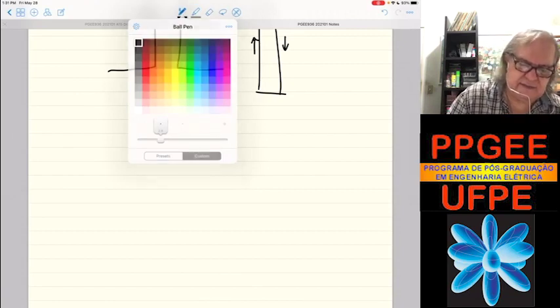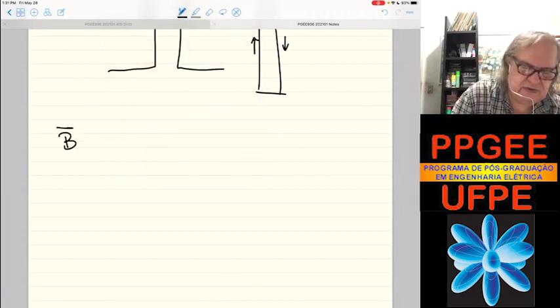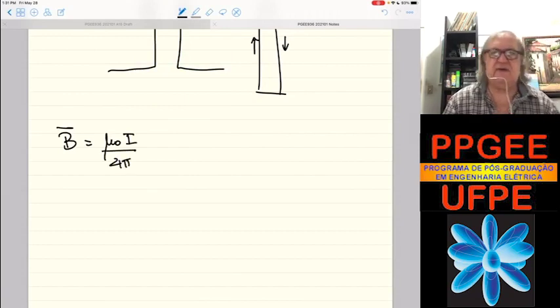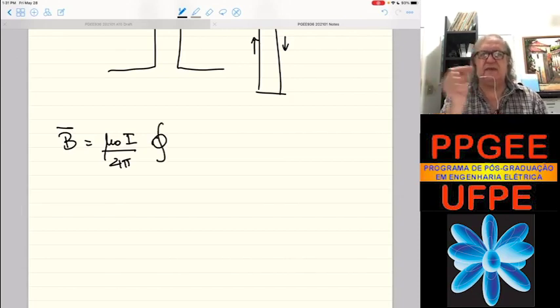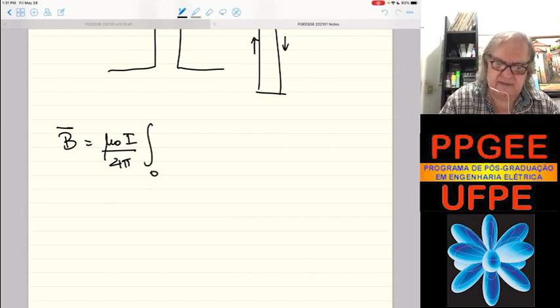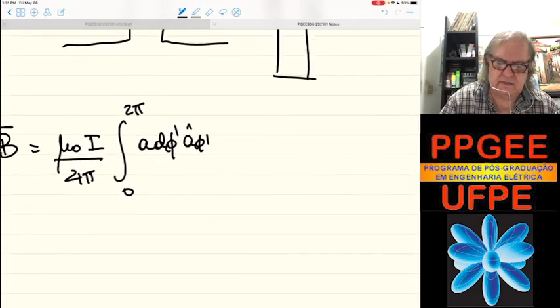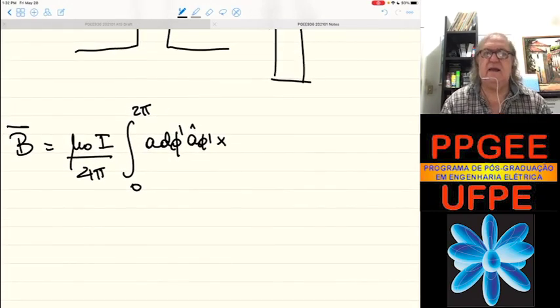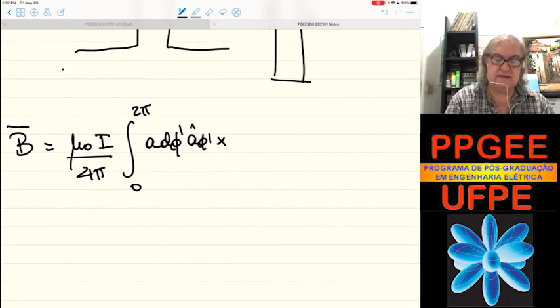Let's calculate it. B equals mu 0 I over 4 pi, which is always outside of the integral. So a closed integral, and the variable we can write like this already, right? So the dl prime is a d phi prime, a phi prime, cross x, which is on the z-axis. We want to see the effect on the z-axis.